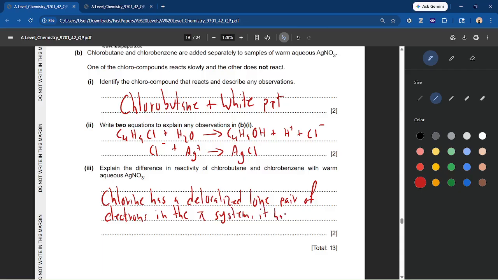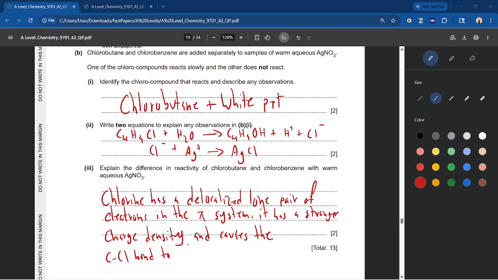It has a stronger charge density, and causes the C-Cl bond to have a partial double bond nature.